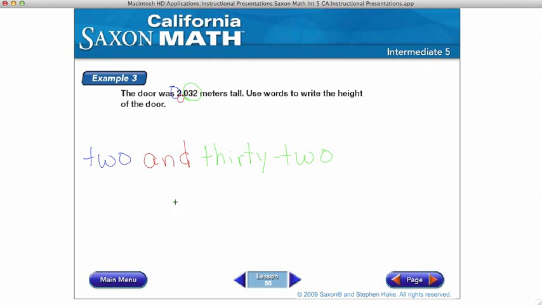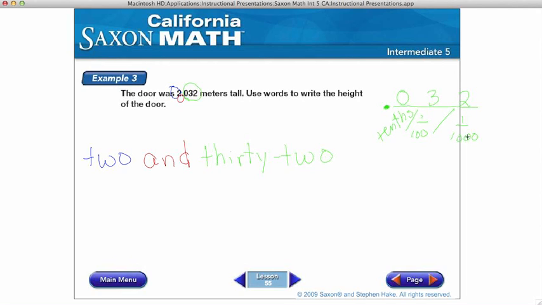Okay, and now I need my place. So how do I figure out what my place value is? Well, I have to look at my tenths. Actually, I'm going to do this in fraction. Here's my hundredths place, and here is my thousandths place. So if I write my number, here's my decimal, 0, 3, 2, okay?